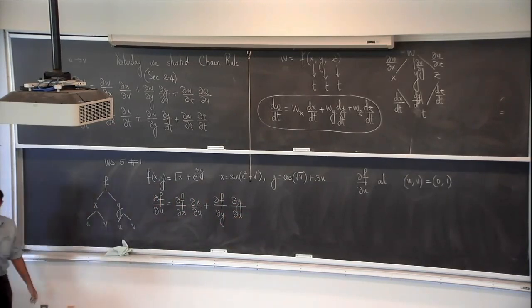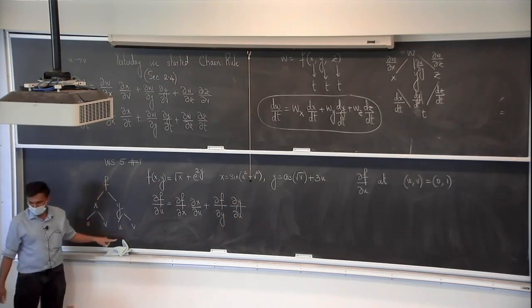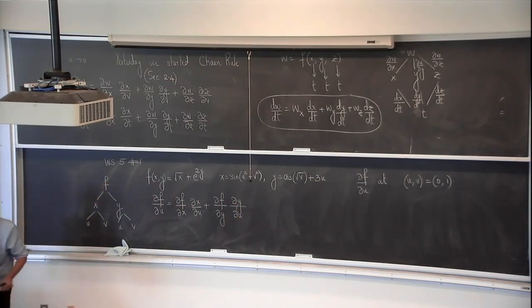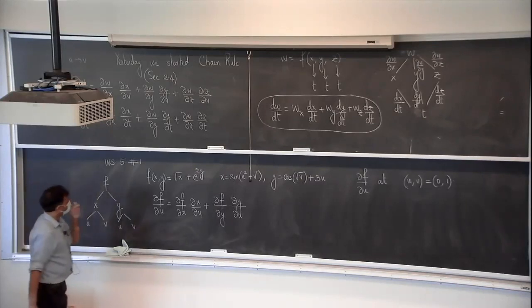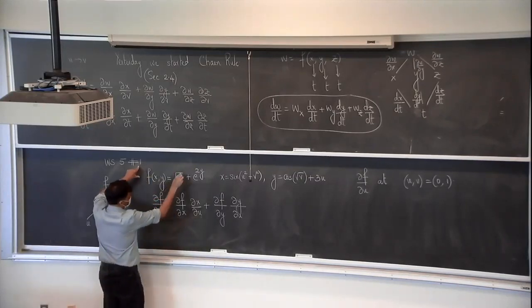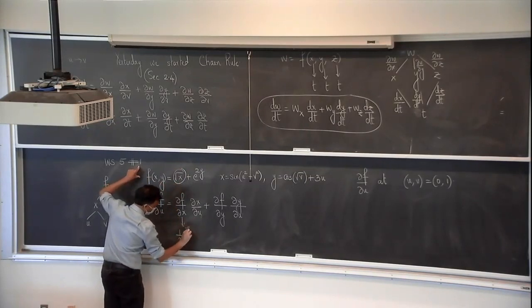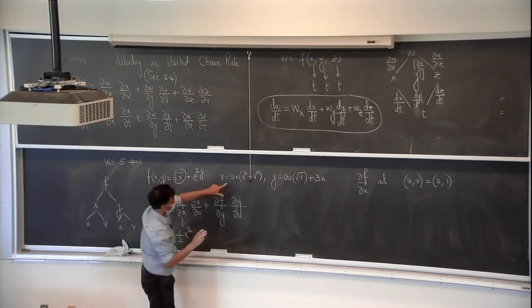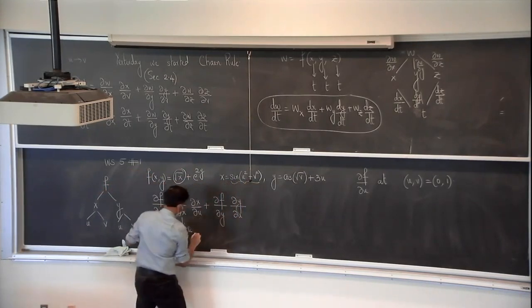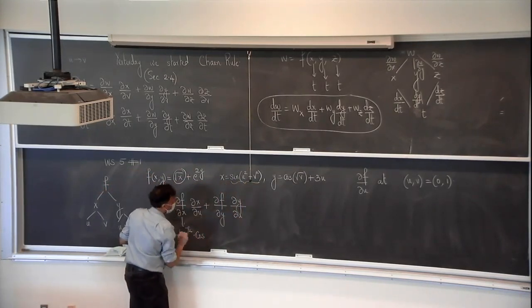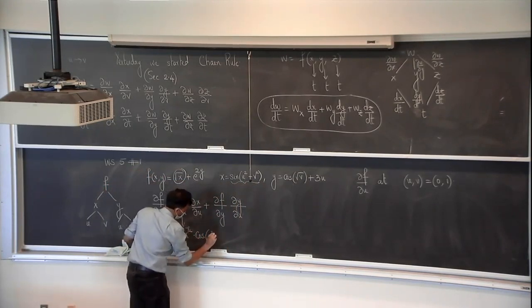Right, so the U branch: F to U via X and F to U via Y. Partial F with respect to X is just 1/2 X to the negative 1/2. X with respect to U would be cosine of U square plus V square times 2U.